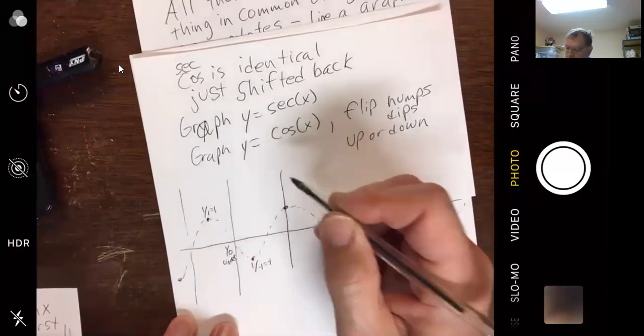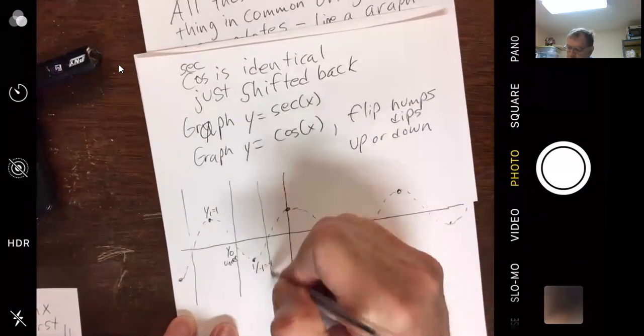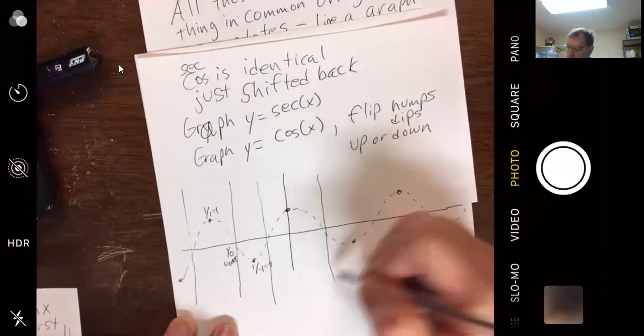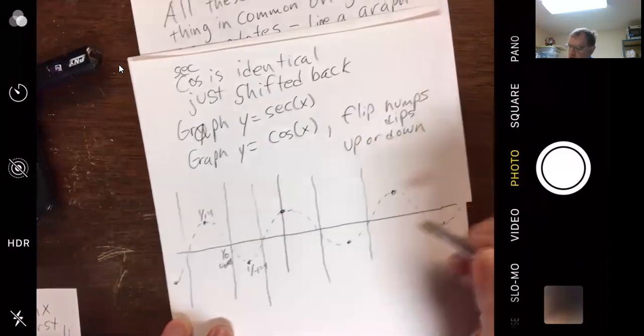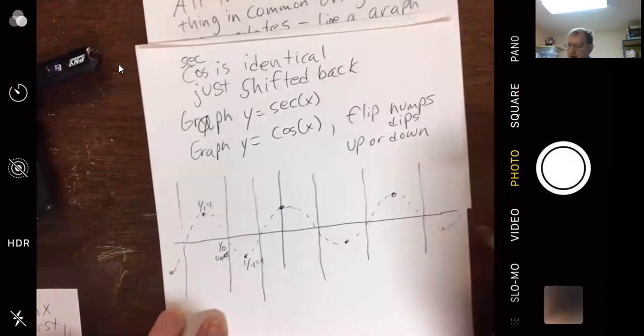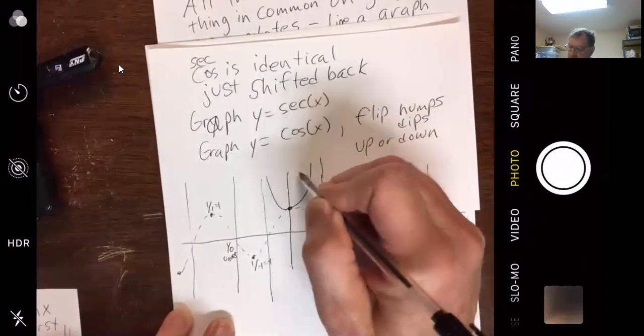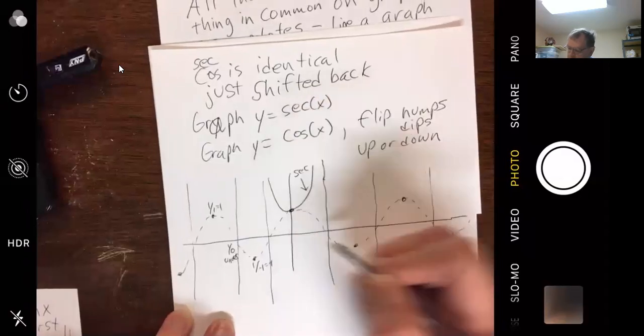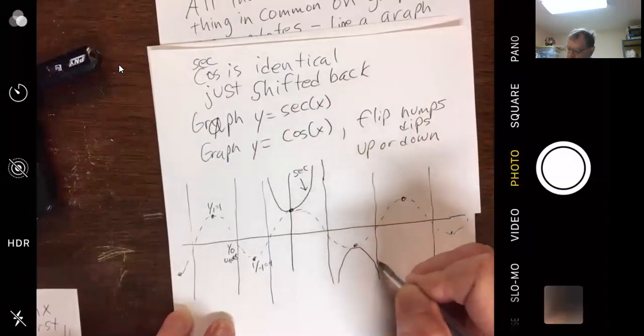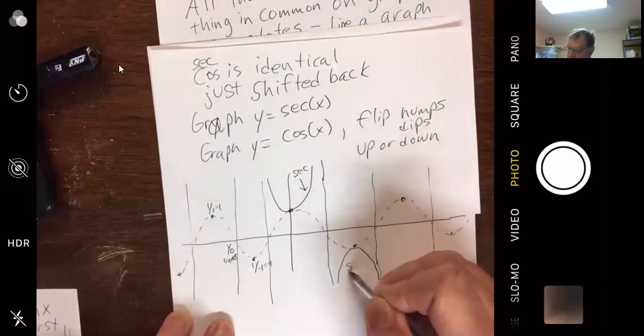There's an x-intercept through there, x-intercept through here, x-intercept through here, 1 here. And then these will flip. And so this is the secant graph. This one flips down. Oops, sorry.